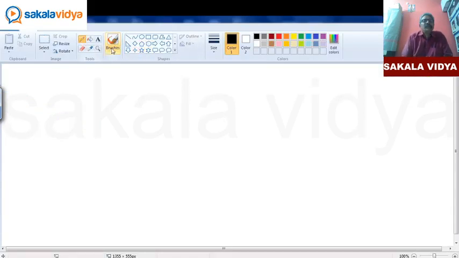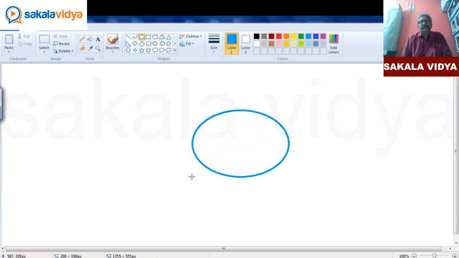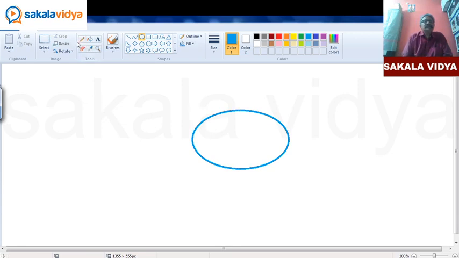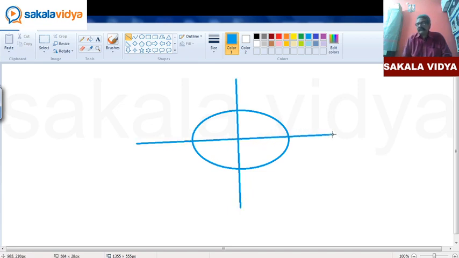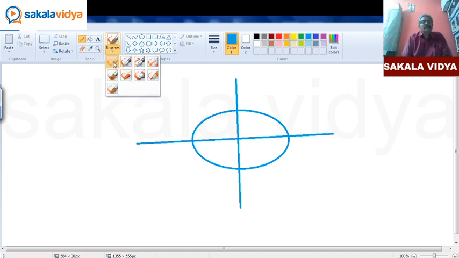This is an ellipse. This is the y-axis, this is the x-axis.